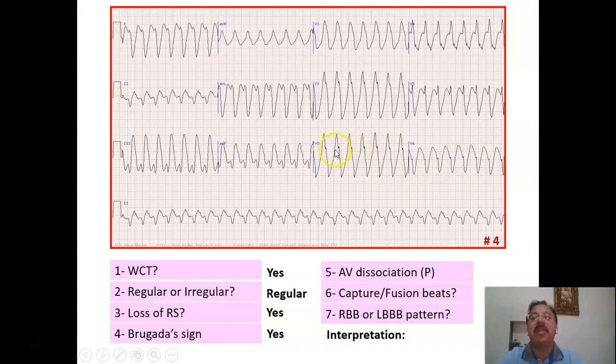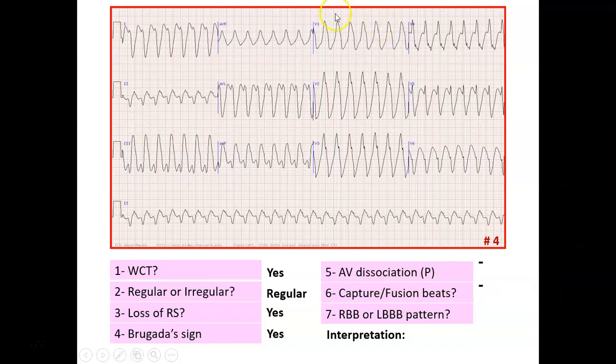This is called Josephson sign. This is also in favor of ventricular tachycardia. Any AV dissociation, capture beat, and fusion beats? Difficult. And the pattern is right bundle branch block pattern; it's probably not applicable to this ECG. So our interpretation in this ECG is ventricular tachycardia.